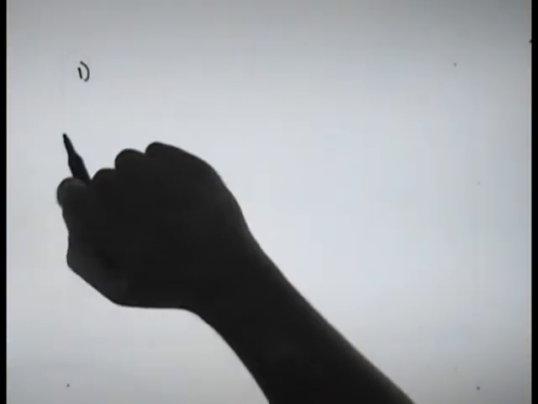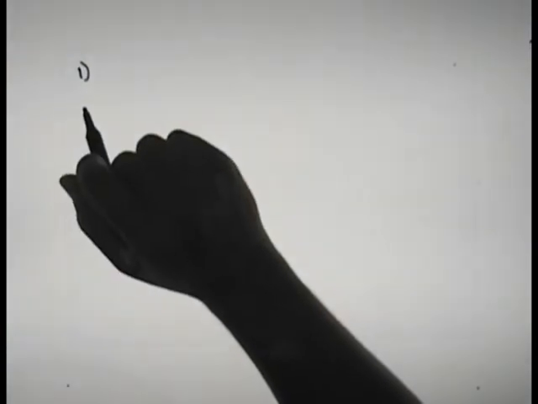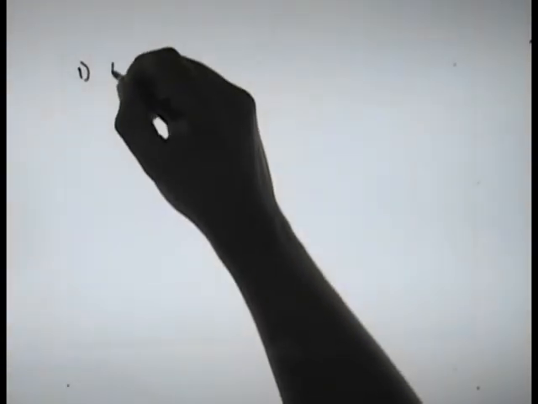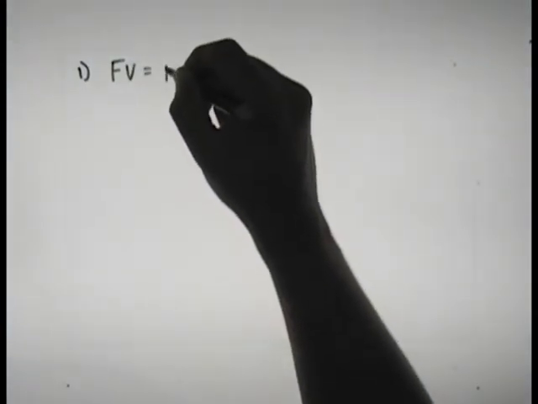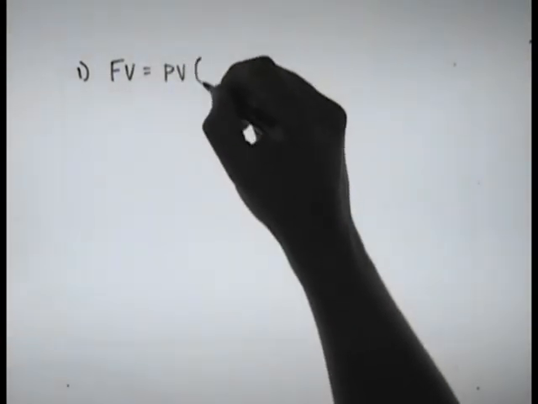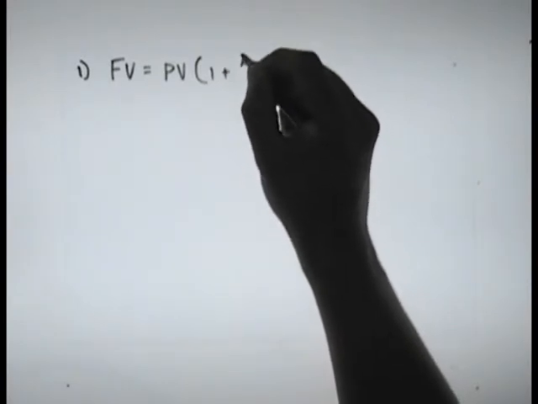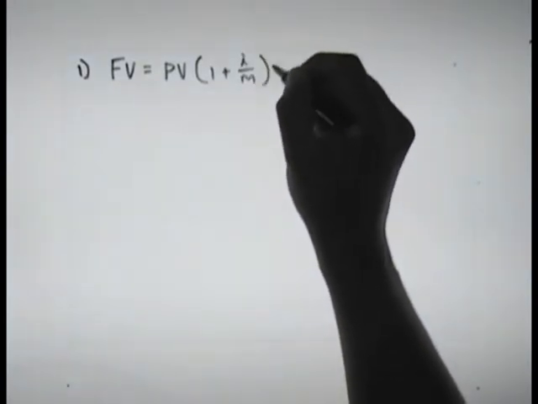Now in this case here we are looking at compound interest, so we are looking for future value, so we will say future value is equal to present value multiplied by 1 plus i over m to the power nm.